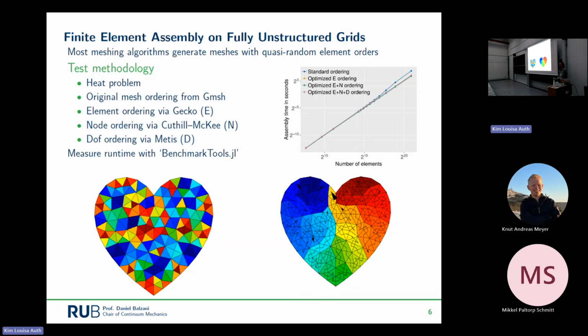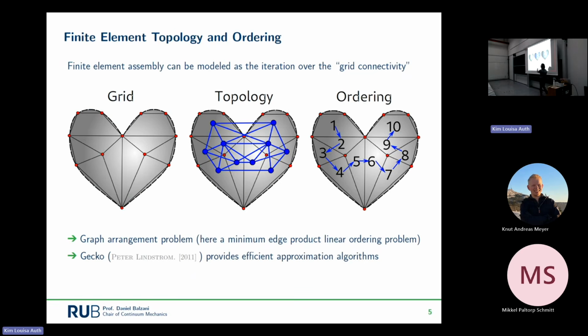Is the reordering going to be a problem if we have different element types? Sorry? If we have different element types, should it affect the ordering? For ordering, you just need a graph. This has nothing finite element specific. As a computer scientist, you can think: I have a graph, and now I want to put numbers on these points such that some function is minimized.